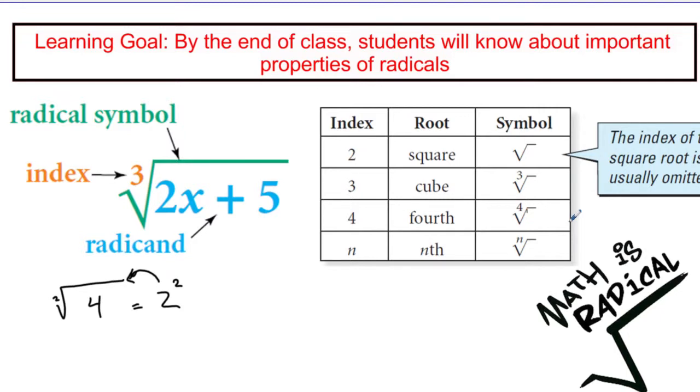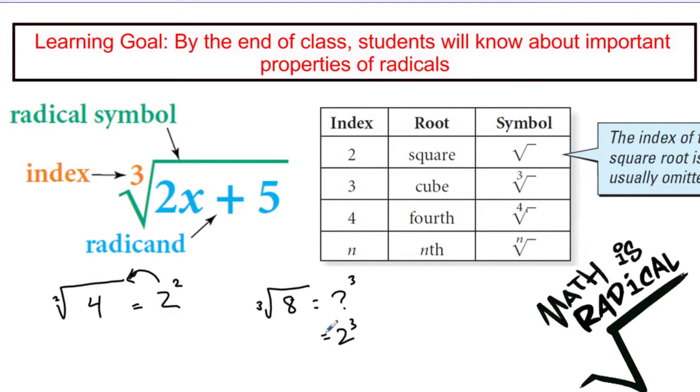But if we use any of the other ones, for example the cube root of 8, what this means is: what number, when I cube it, will give me back an 8? That would be the answer to the problem. In this case, 2 cubed gives me back 8, so the cube root of 8 is 2.